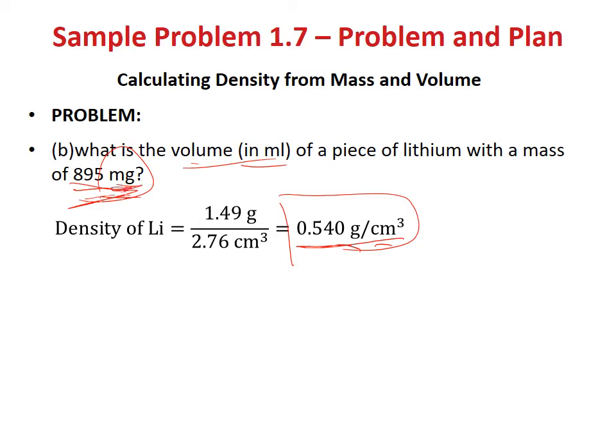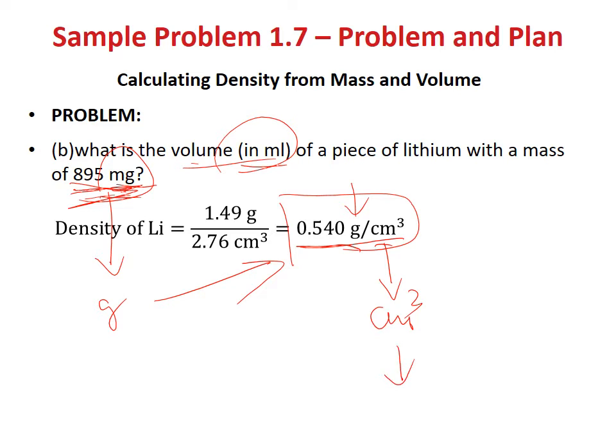Mass is in milligram, but the density we calculated is in grams. Therefore, first step, you need to convert 895 milligram to how many grams, and then use density as a conversion factor to cubic centimeter. The question asks for milliliter, so the final step is cubic centimeter to milliliter.